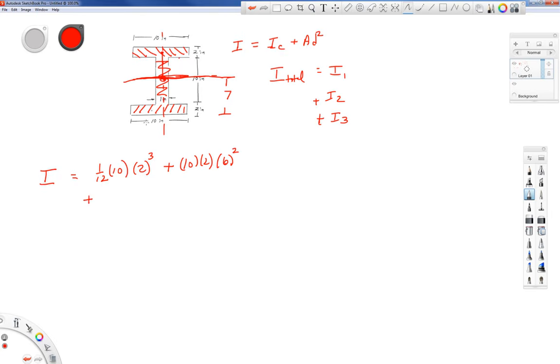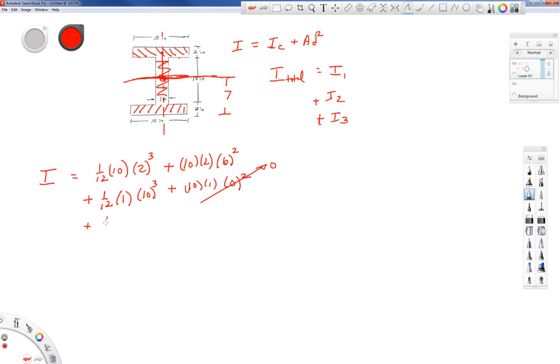Piece number 2 being in the middle, we have 1/12 the base times the height cubed, plus the area. But the distance between the centroid of that piece and the centroid of the entire cross-section is 0. So this whole term will go away for the center web.